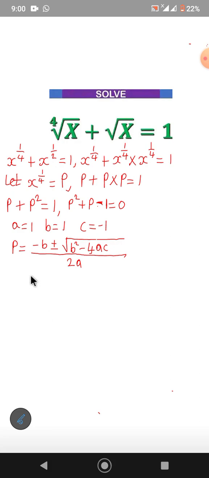Now, we'll continue. p will now be equal to minus 1, since b is 1, plus or minus the square root of 1 squared minus 4 times a, which is 1, times c, which is minus 1, then close, all over 2 times a, which is 1.